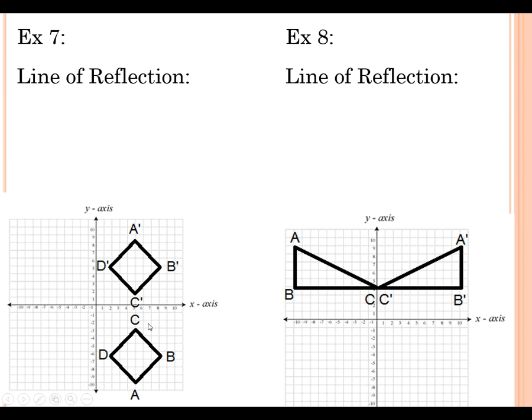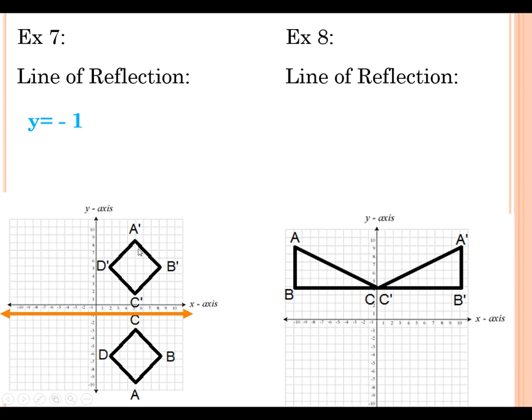Looking here, I can see in between C and C prime, there are 1, 2, 3, 4 spaces in between. So the line is going to be in the middle, which means it would have to be 2 spaces above, 1, 2, and it would have to be a horizontal line in order for this shape to flip upwards like it did.